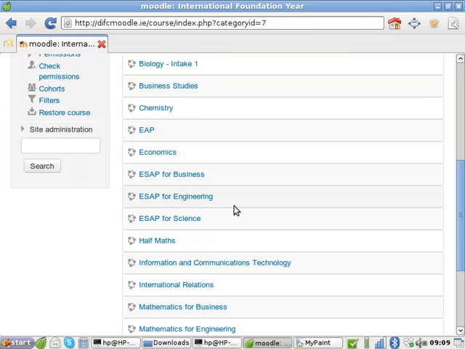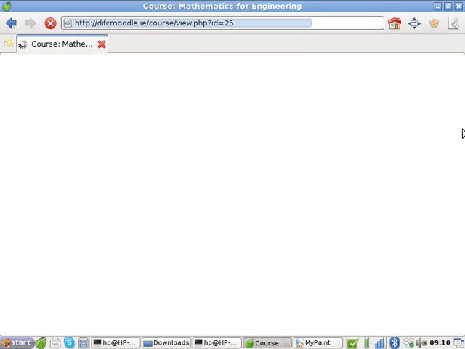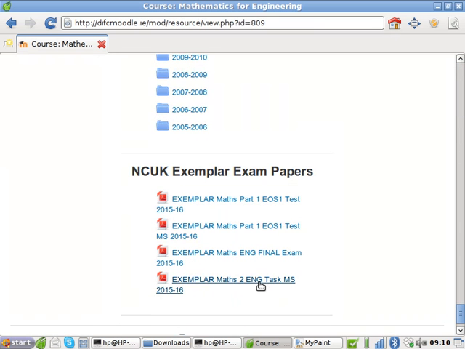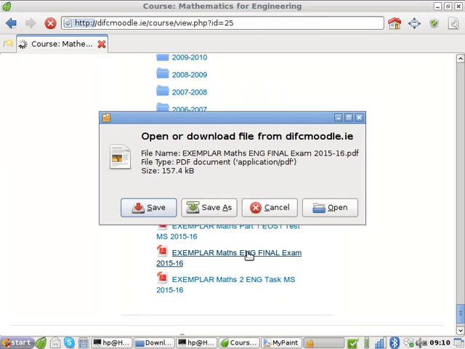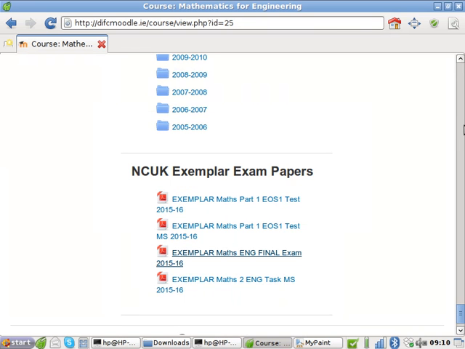Maths for engineering. So we did section A. I wonder what the first one, section B, is. Probably algebra.